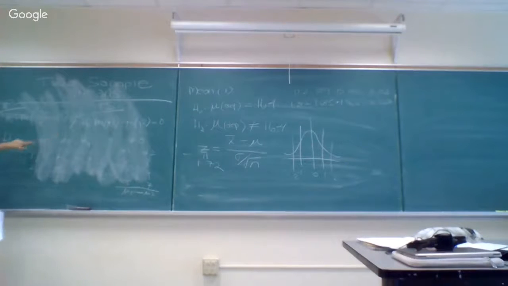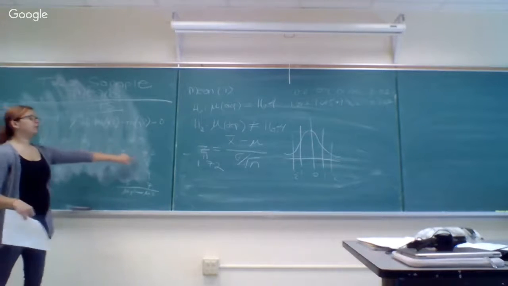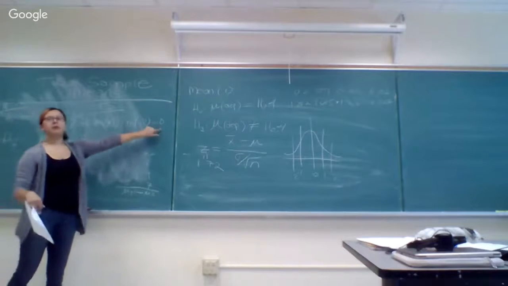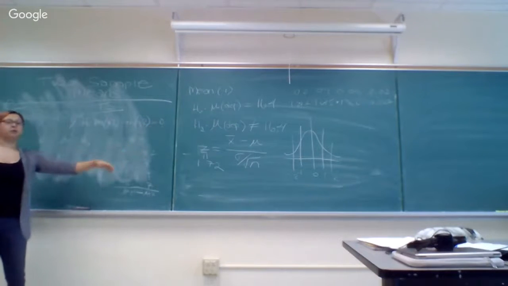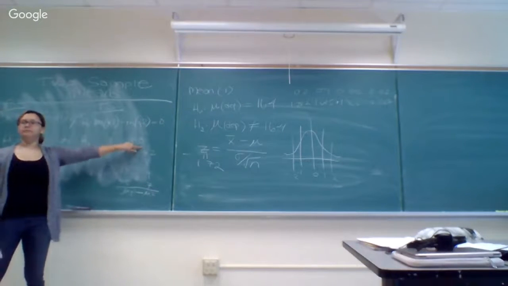Whereas here, if it's not equal to 0, then they like one pair better than the other, or there's a difference in the pairs. And then in the 2 sample example, if group 1 and group 2 like the pair the same amount, this is going to be 0. If group 1 likes it better than group 2, or group 2 likes it better than group 1, this is not going to be equal to 0.